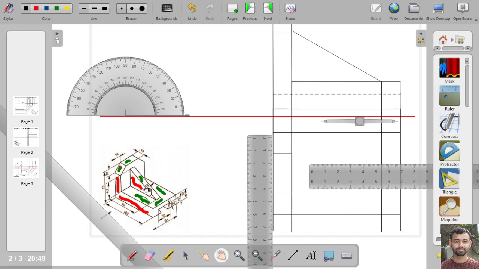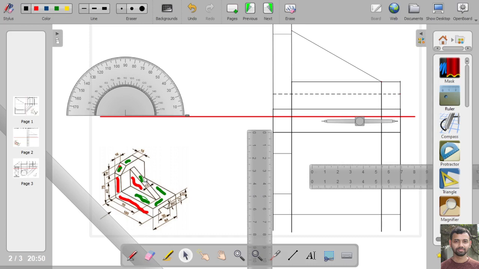Now this slant edge is 12 mm, its width is 12 mm. That means if we draw a center line that will pass through the mid portion of this total width, then we can draw this slant edge. So to draw the slant edge, we will find out the midpoint. The total dimension is 64.